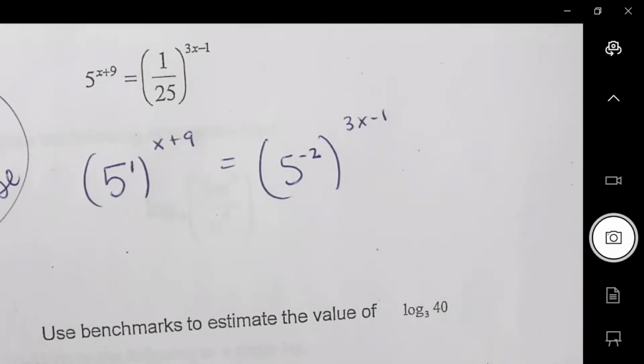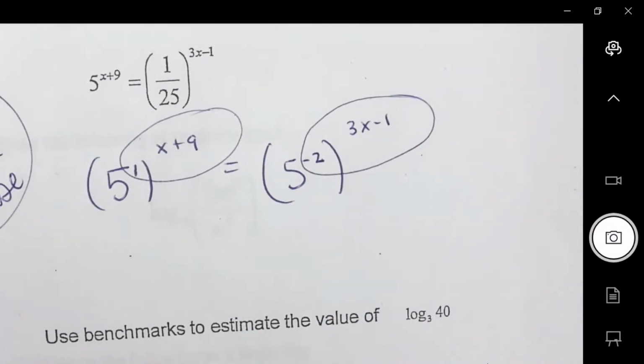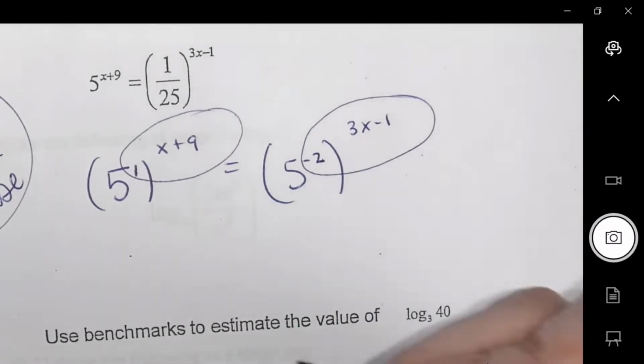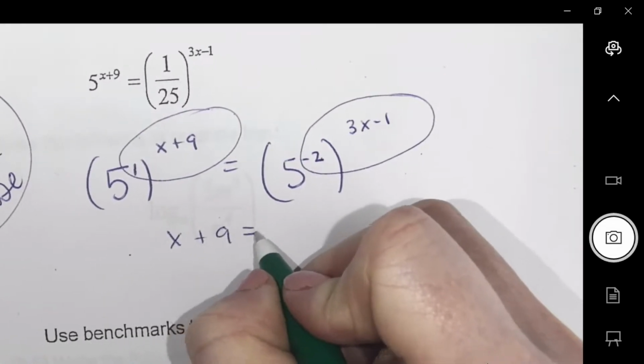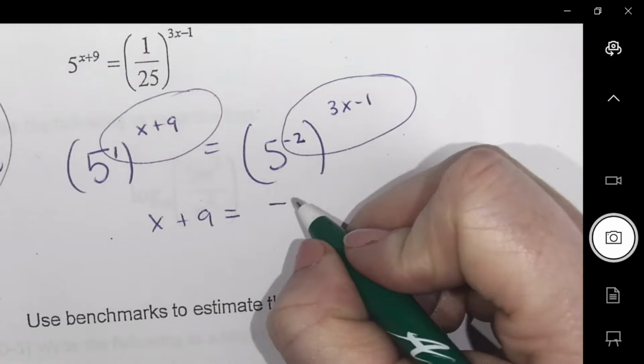Once we have both as a base 5, we're just going to conclude this exponent equals that exponent. What do you do when you have exponents to exponents? You have to multiply.